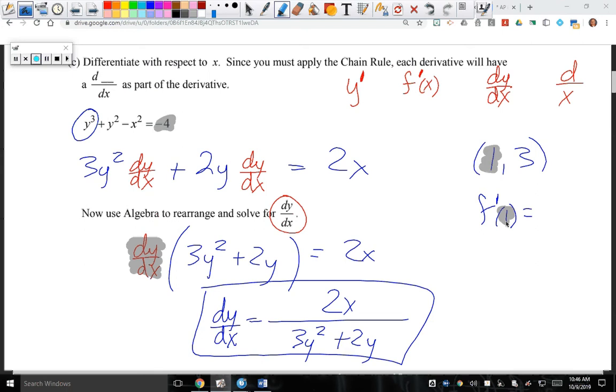But now, that's not the case. Because now I have a y value that I get to finally also use so that I can get the slope at that point. Are we good? Okay, let's keep going.